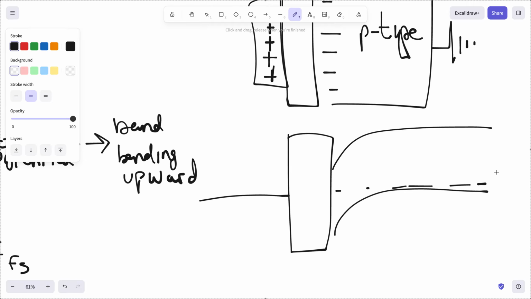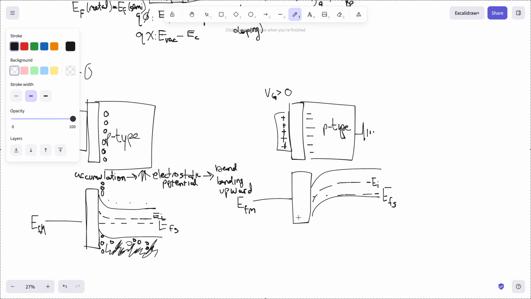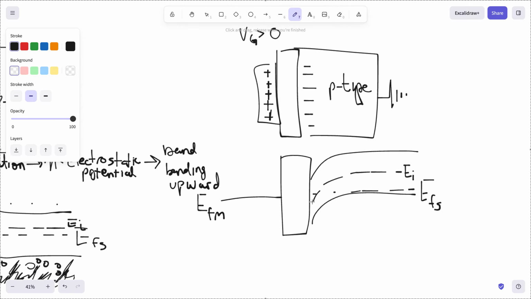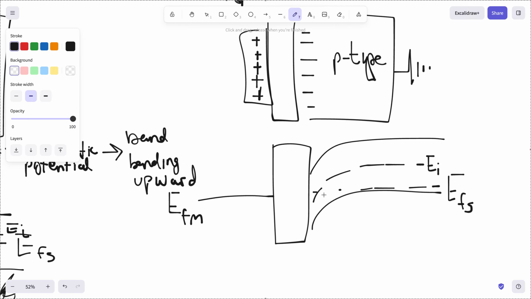And we still have E sub Fs equals E sub Fm. And our intrinsic energy appears like this. And you can see how the intrinsic energy is now crossing the Fermi level.